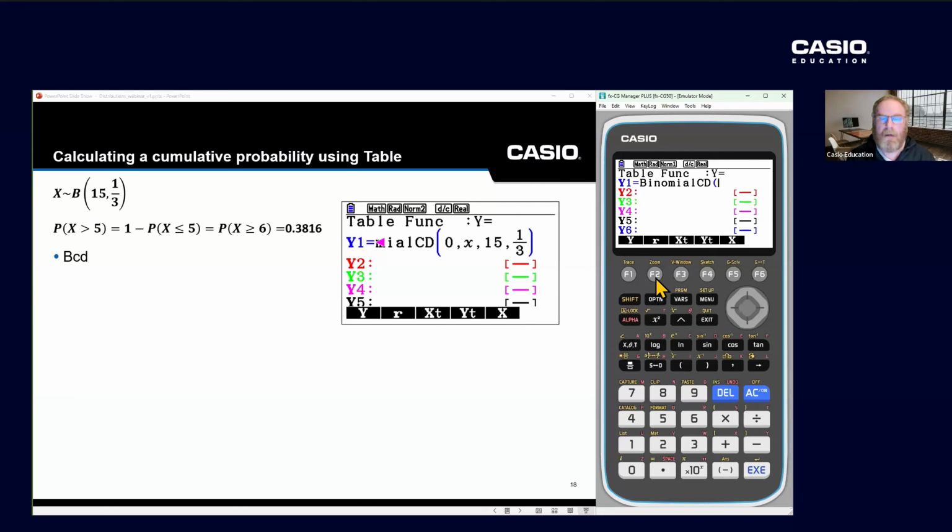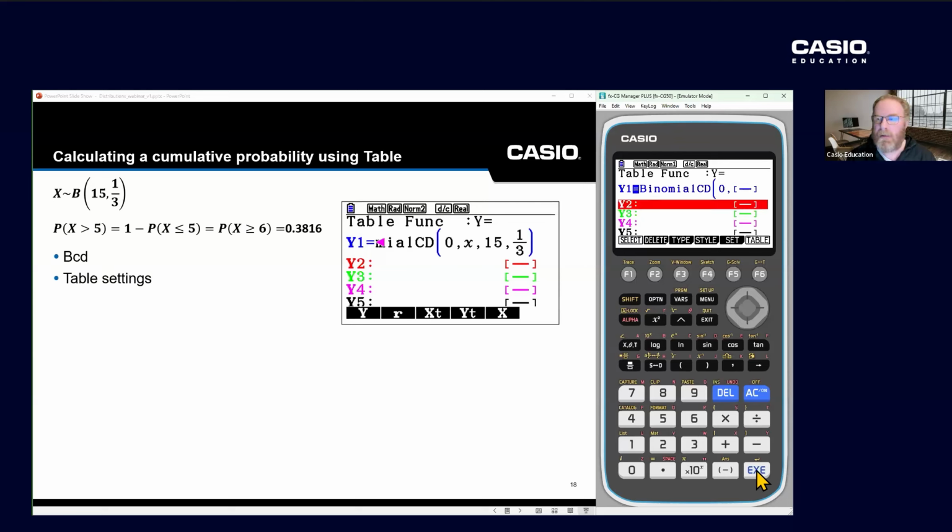I'm going to start off by having a normal cumulative on the left-hand side between 0 and the variable x. So those are my 2 bounds. My n is 15, and a third is my probability of success. So this is going to be left-hand side.